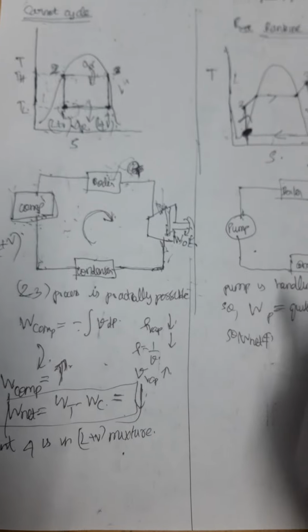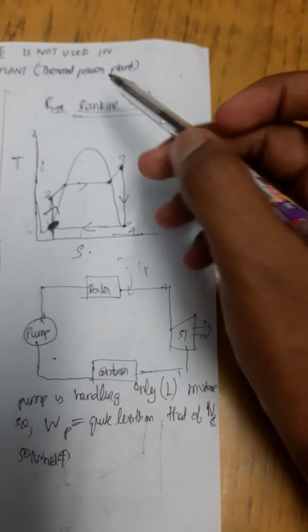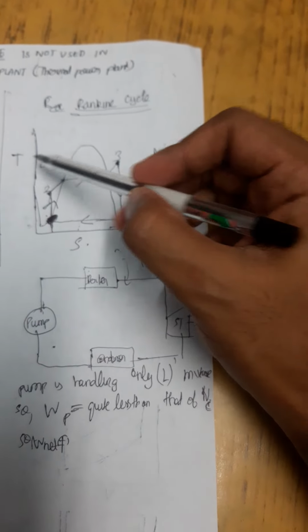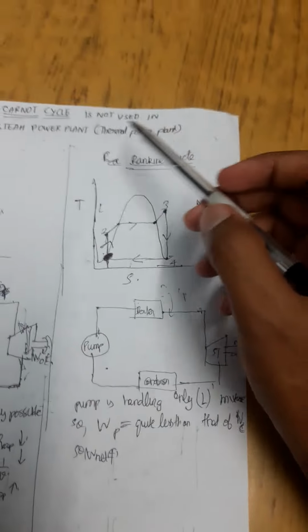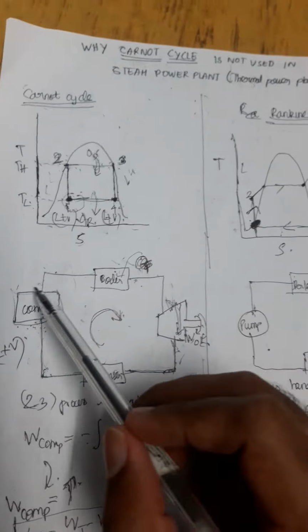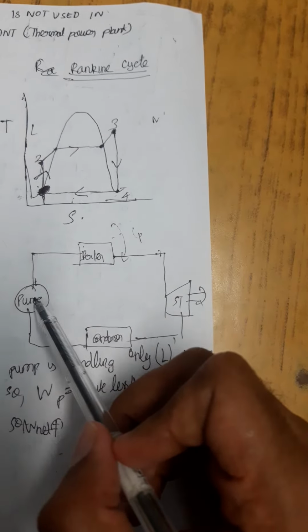And let us see the same setup in a Rankine cycle. This is a typical TS diagram of a Rankine cycle. A big difference between Carnot and Rankine is, in case of Carnot cycle we are using a compressor, but in case of Rankine cycle we are going to use a pump.